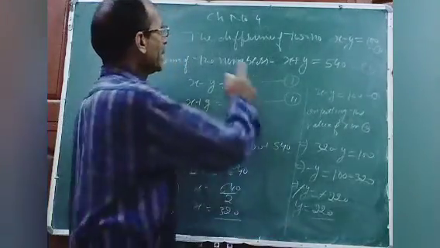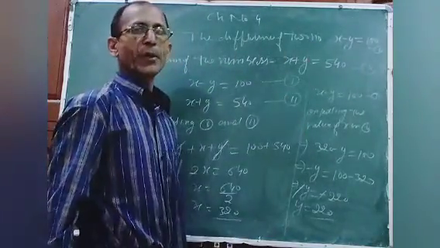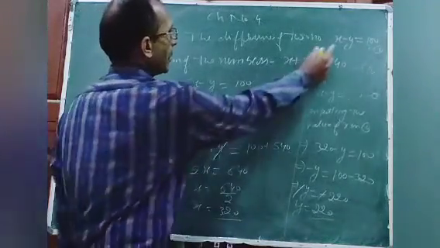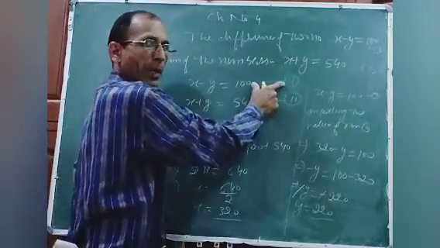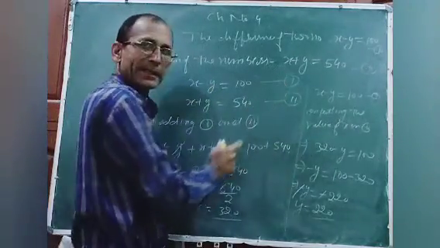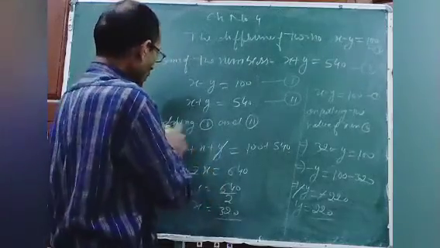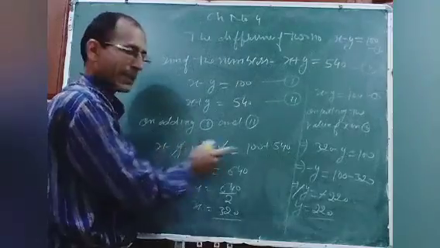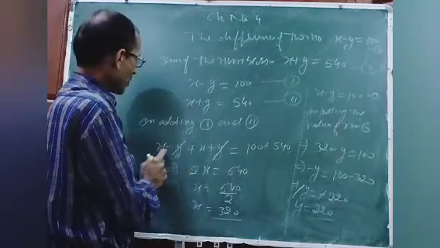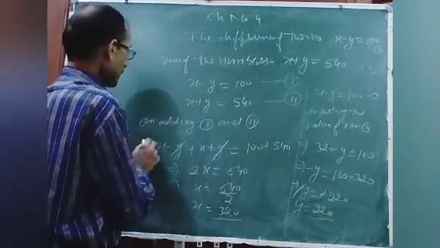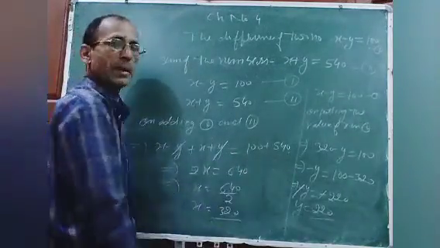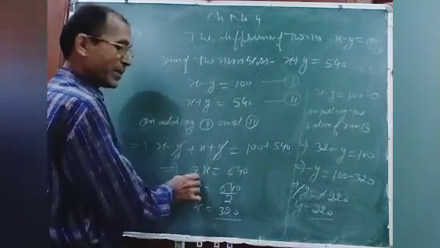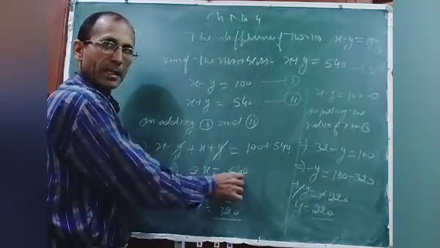Again I am repeating, the sum of two numbers is given 540 and the difference of the numbers is 100. So you can give the name of first equation 1 and this is equation second. On adding 1 and 2, this is the addition of these two equations. So x minus y plus x plus y is equal to 100 plus 540. Minus y plus y cancel, x and x becomes 2x is equal to 640.